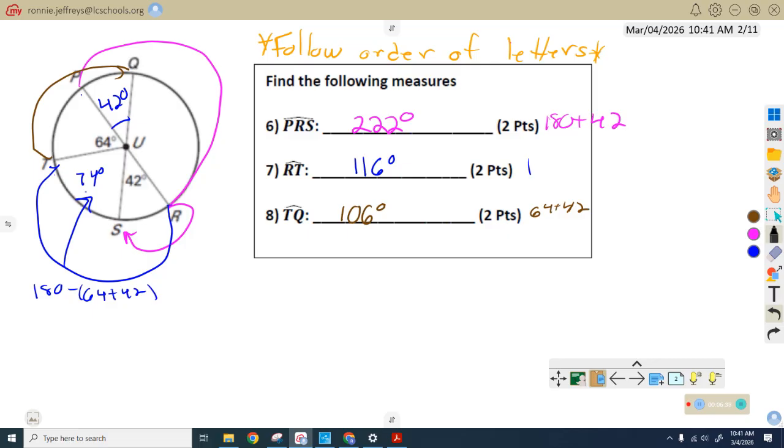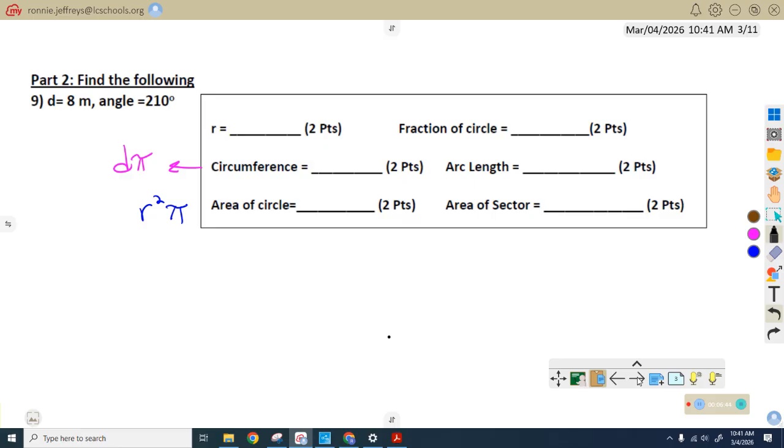All right. So if our diameter is 8, our radius is 4 meters. The fraction of the circle is the angle over 360.